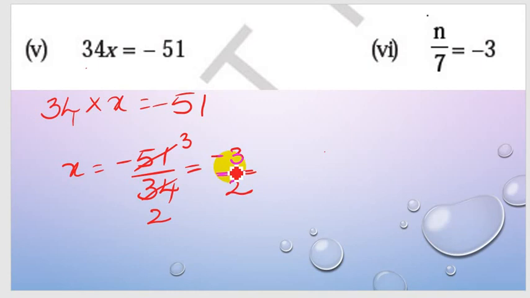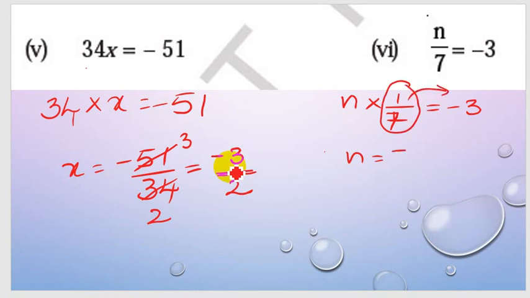This particular problem we can do in two ways, right? If you observe this, I can write it as n into 1 by 7, which is nothing but minus 3. Now n is equal to, if I transpose this 1 by 7 to the other side, it becomes reciprocal. Reciprocal means numerator becomes denominator and denominator becomes numerator.